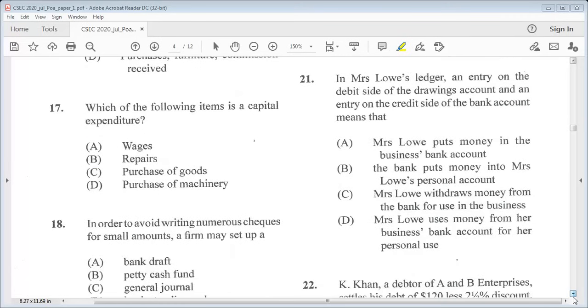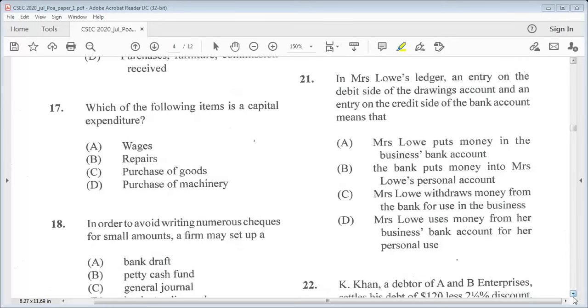Which of the following items is a capital expenditure? Now, we know that capital expenditure is when a business actually spends money to buy or add value to a fixed asset. So what would be that?